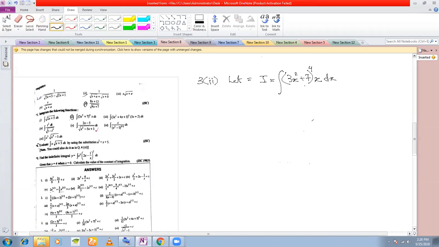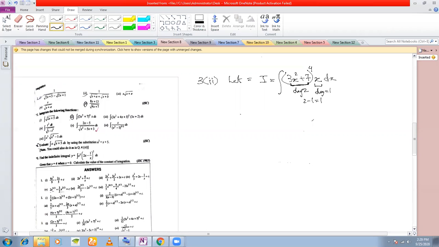So what do you see here? You see that inside the bracket the degree of this is 2. And here what is the degree of this? 1. What is the difference? 2 minus 1. So what I will do now is check whether if I differentiate this second degree term 3x square plus 7, I will get x or not.